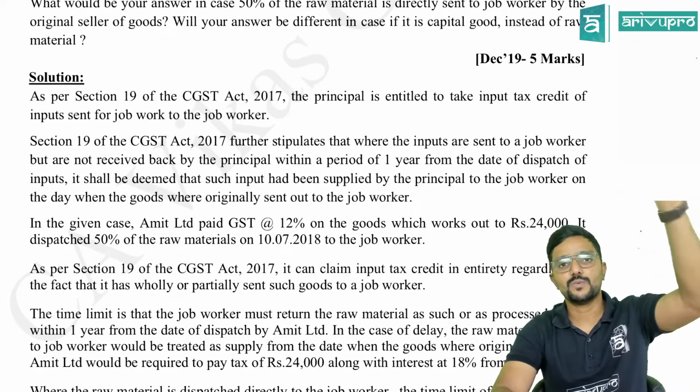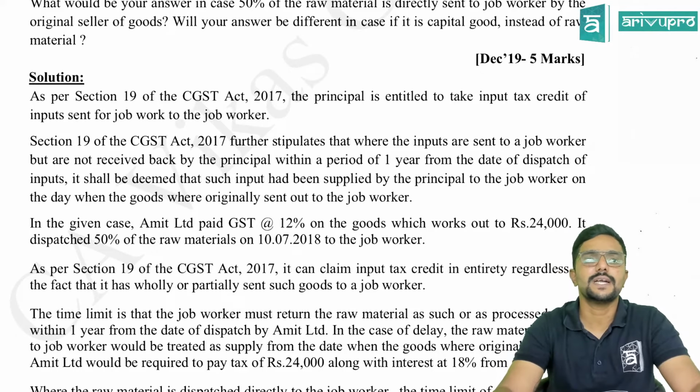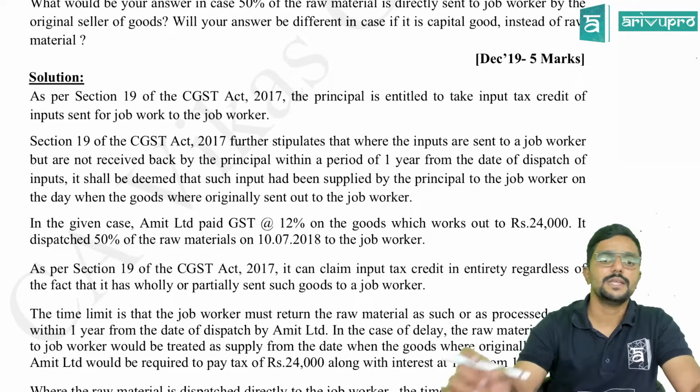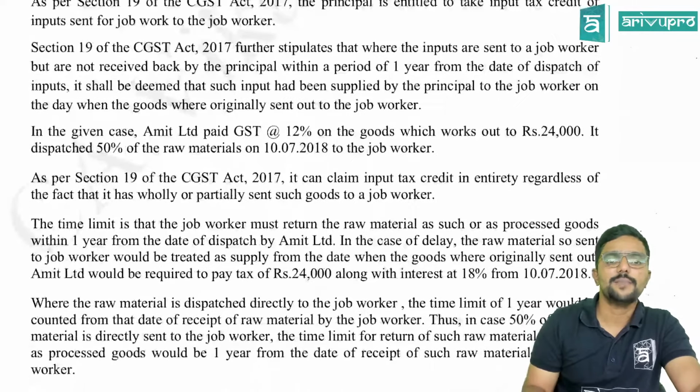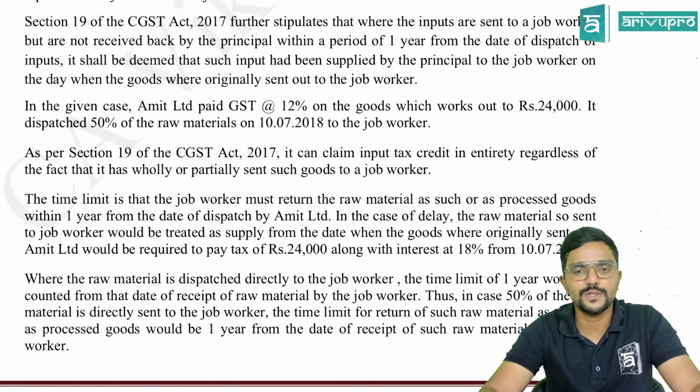The day on which it was originally sent or dispatched to the job worker, on that day itself, it is treated as supply.